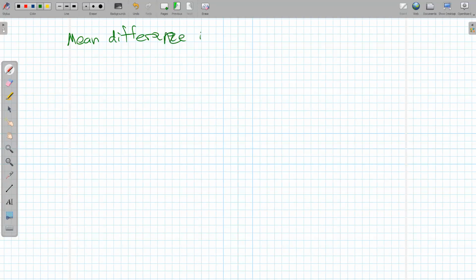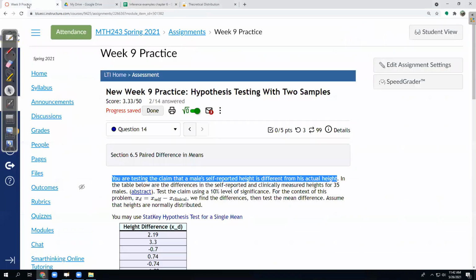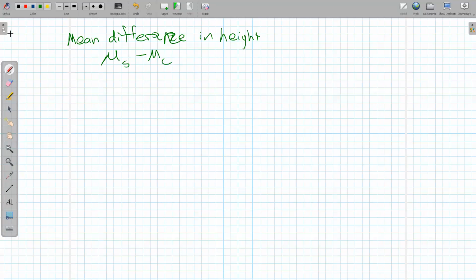Difference, there we go. And that would be mu self minus mu clinical, or did I get the order wrong? Clinical minus self. It is self minus clinical. Okay. Self minus clinical.